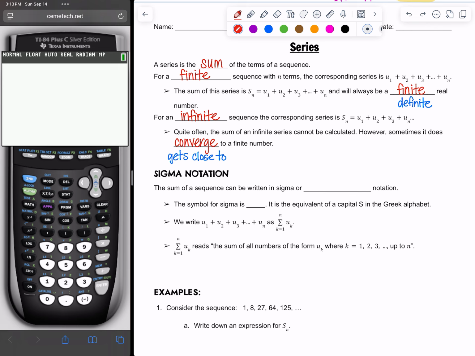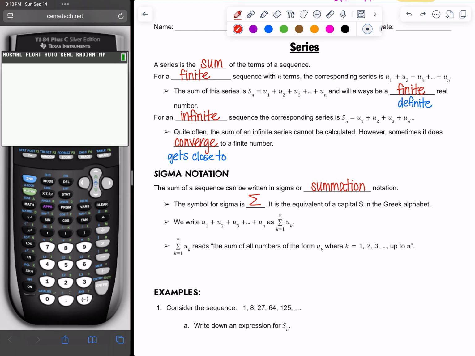And then we have the sum of a sequence can be written in sigma, or what we call summation notation. The symbol for sigma is the Greek letter E, and it stands for S in the Greek alphabet.